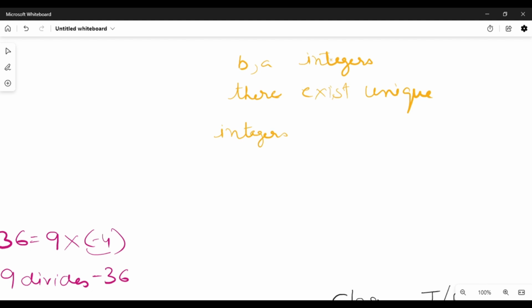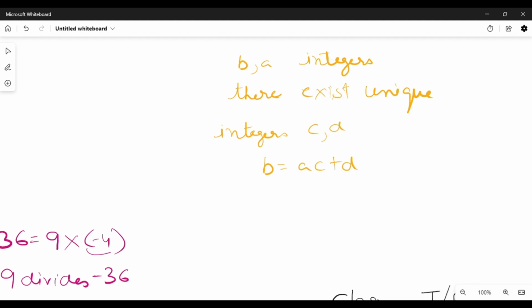In case the number is divisible, then there exists only one integer, but if the number is not divisible, which is the case of Euclid division lemma, then there exist two unique integers c and d such that b is equal to ac plus d. B is equal to AC plus D.